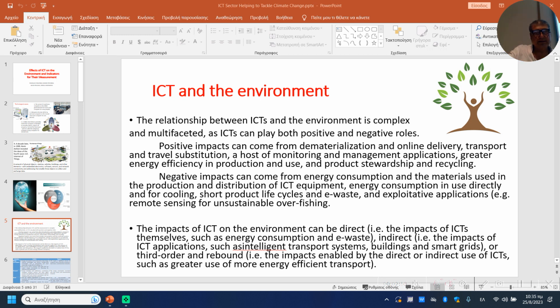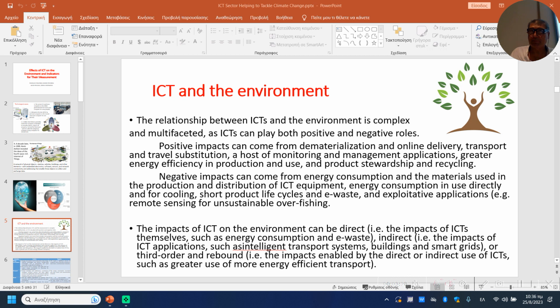On one side, it enables the governing of all the processes, all the things, to minimize the effects and to tackle climate changes. On the second, the ICT has a very big role in measuring all the effects on the environment. And on the third side, the ICT is based on ICT equipment.